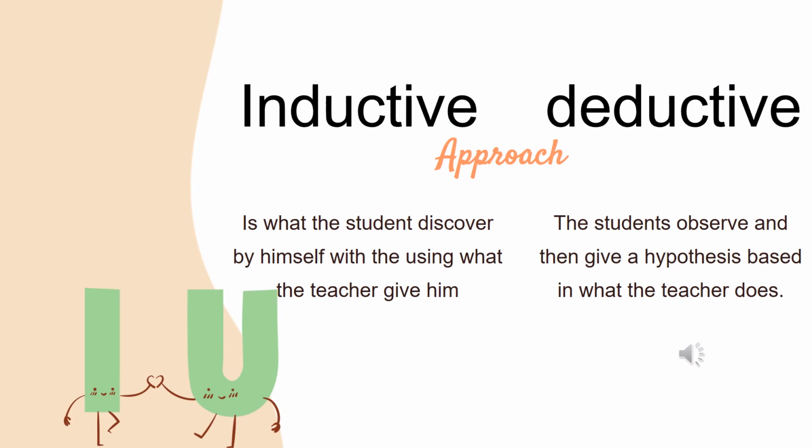At the moment to teach, we can have two kinds of approach that are inductive and deductive. Inductive is what the student discovers on his own, and deductive is what the student observes and then concludes from that observation. Both can have advantages and disadvantages.